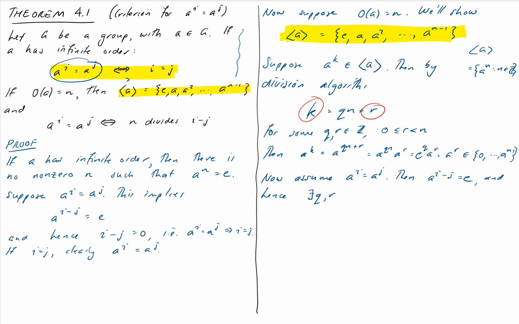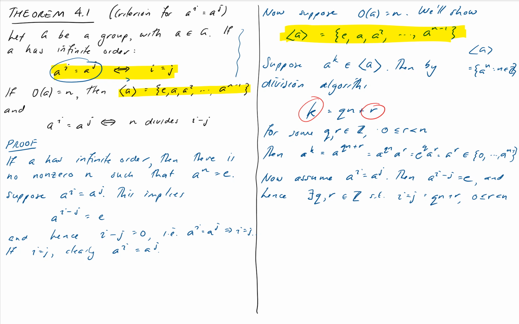I'm going to make some new ones because it's always useful. q and r in Z such that i minus j equals qn plus r, and r is between 0 and n. So again, I'm using the division algorithm to get the property I want.